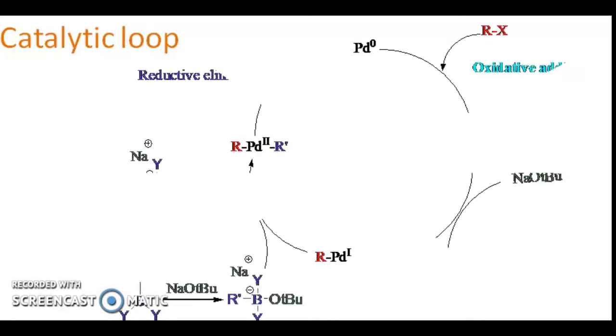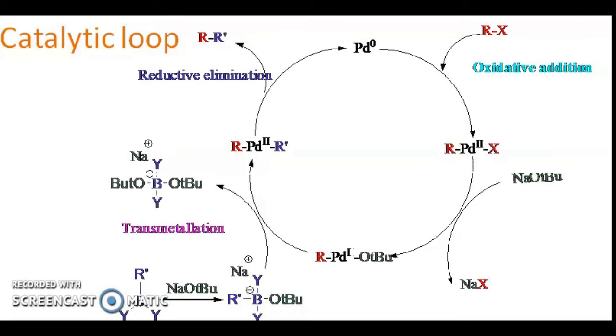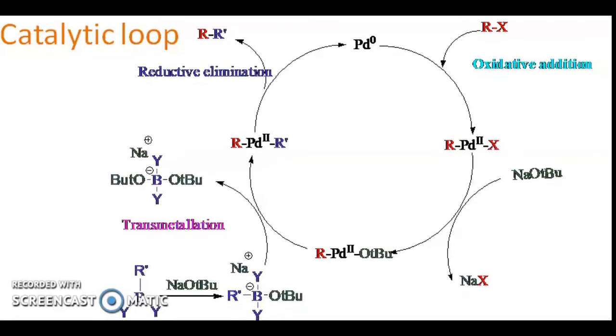As any coupling reaction, Suzuki coupling reaction also has the same oxidative addition, transmetallation, and reductive elimination steps. Now here you can see the oxidative addition step. The palladium is getting inserted into the organic halide, and the palladium oxidation state changes from palladium 0 to palladium 2.